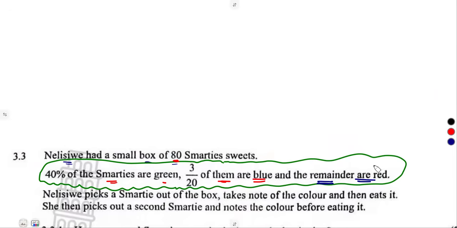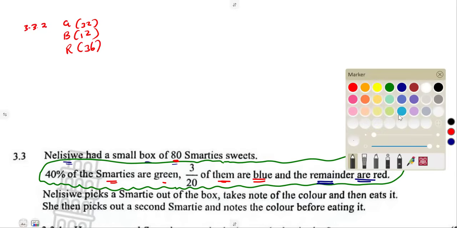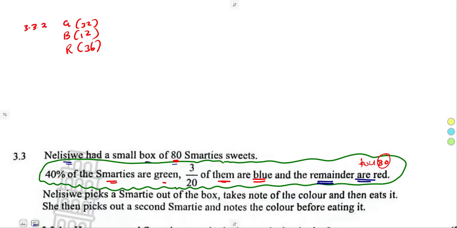There is a total of 80. Out of this total, that's 3.32, for green we calculated 32. Then blue, we said they are 12. And red, they are 36. So on a tree diagram, you must consider a condition of with or without replacement.